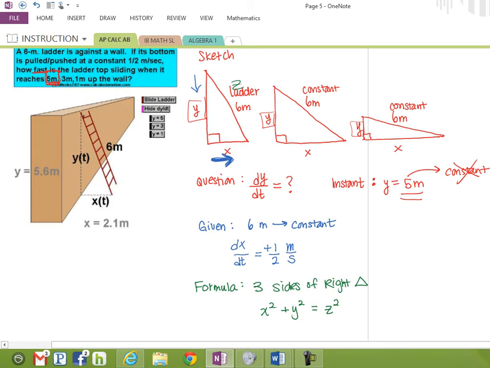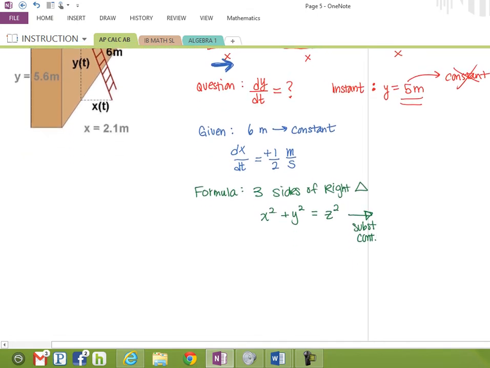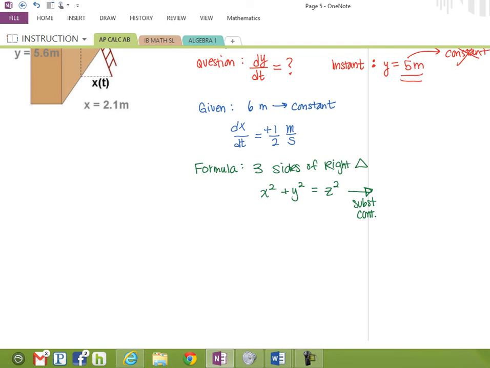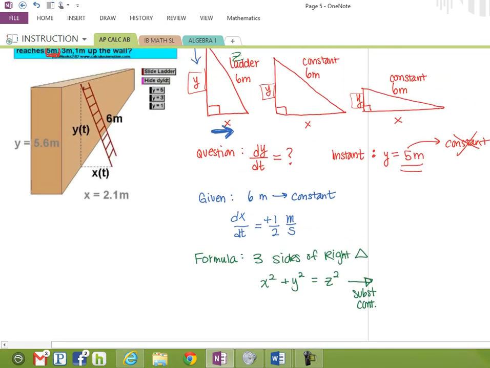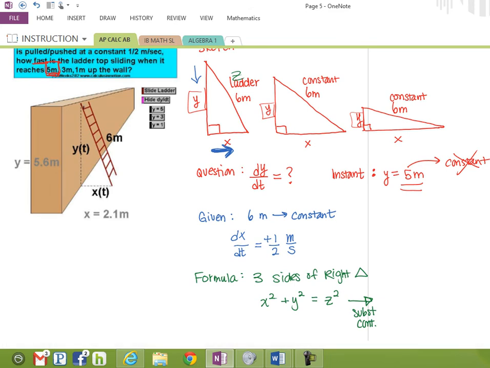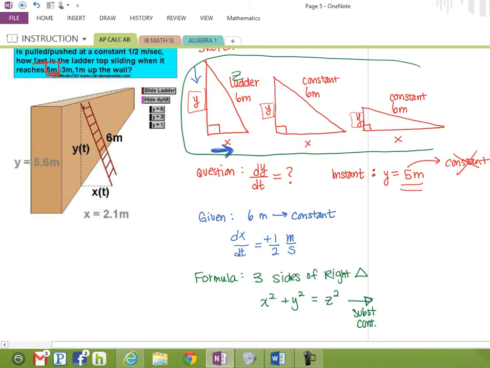And what we can do right away after the formula, you can substitute constants. And there is a very, very specific reason why we're allowed to put constants in right now. Right now we're saying this is generic motion. This relationship, x squared plus y squared equals z squared, represents the motion of all 3 pictures.